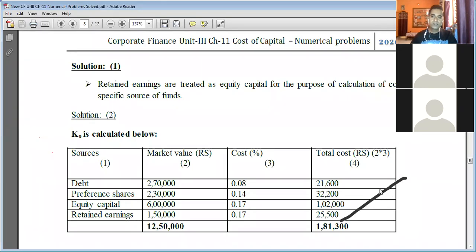Okay, any other question? I guess Gitanjali has a doubt. Gitanjali, please ask.